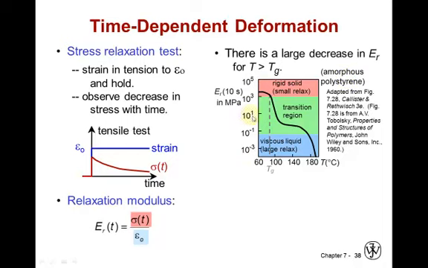For this material, as the temperature goes up, we come into the glassy transition region. This transition region has a much lower relaxation modulus, so it is more likely to stretch. For this material, there's a little bit of a plateau, and then we get towards its melting point, where it becomes much more of a viscous liquid, and it simply continues to stretch no matter what.